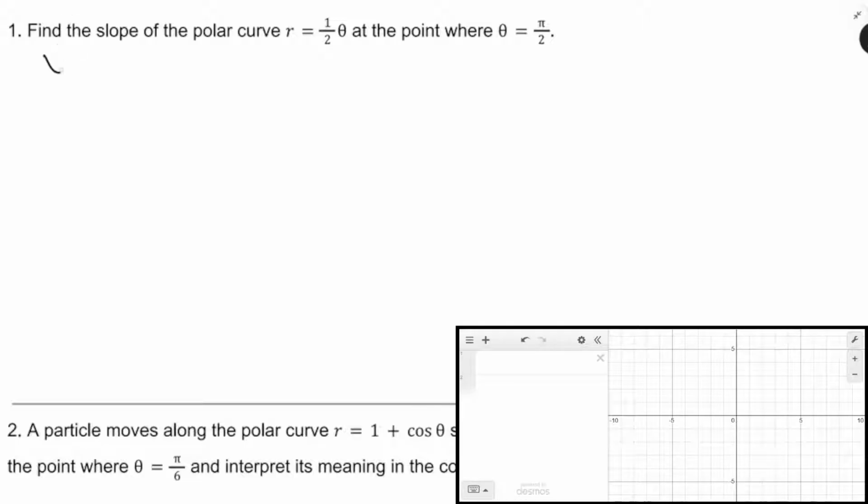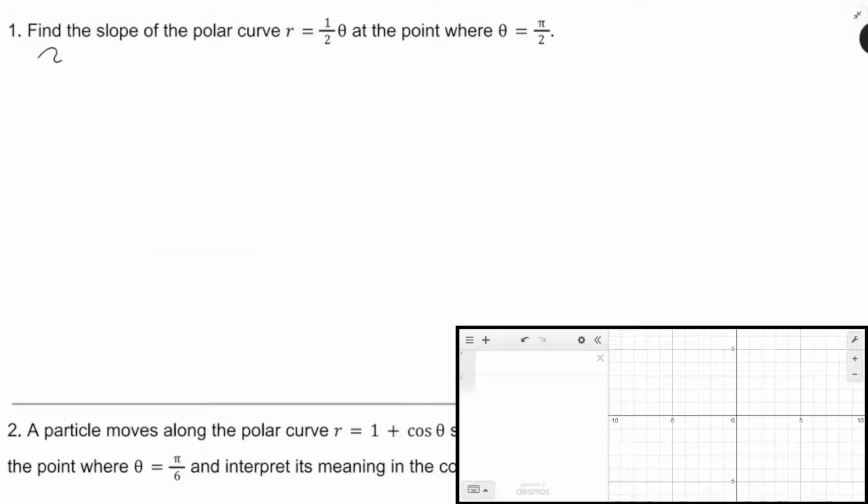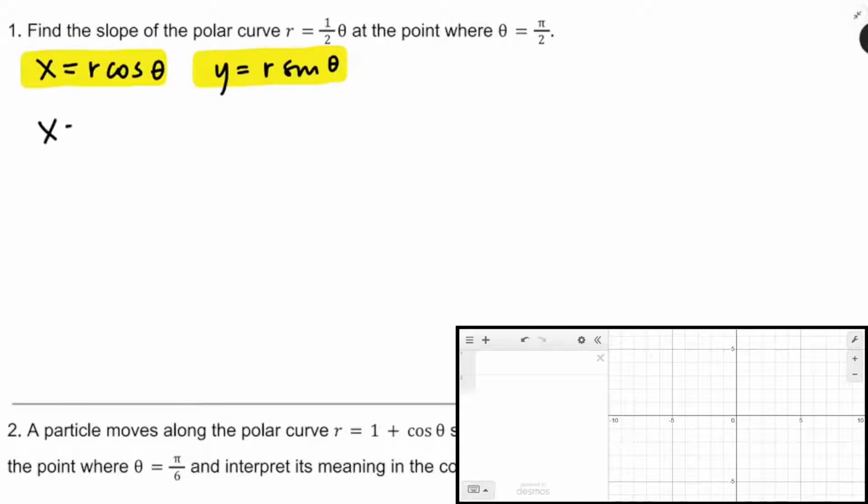So we're going to start off with the formulas for x and for y. x is r cosine theta, and y is r sine theta. Those are going to be the two most important formulas for us today. So that means x is half theta cosine theta, and y is 1/2 theta sine theta.